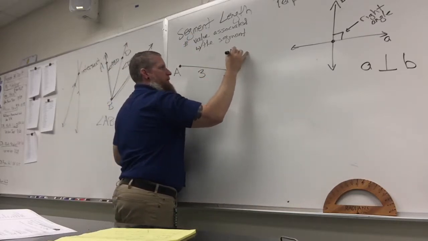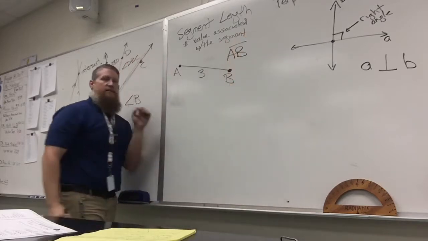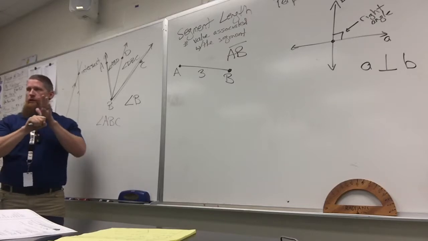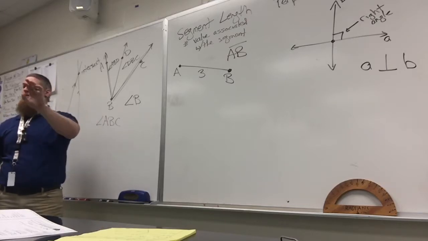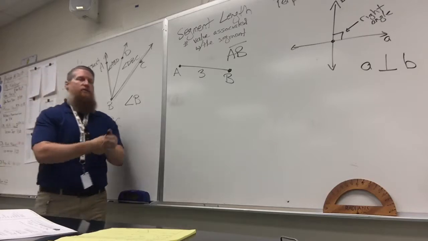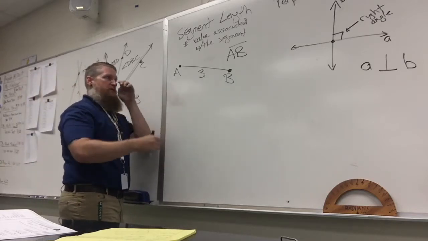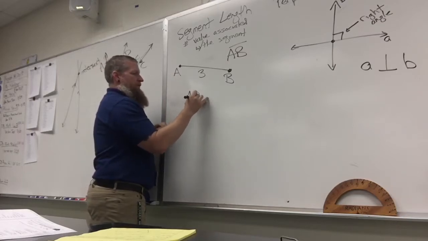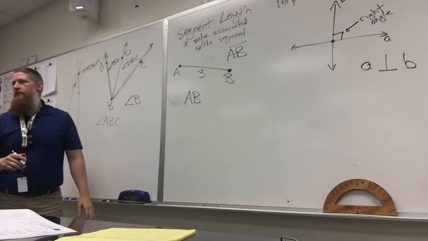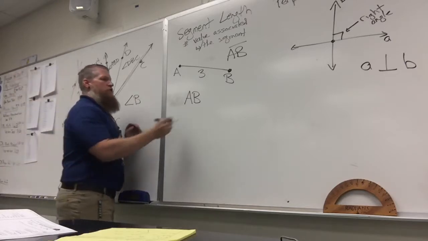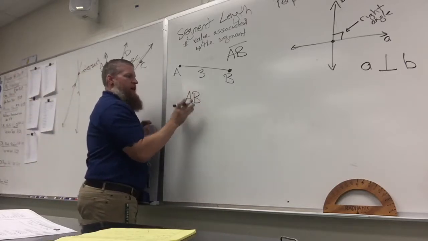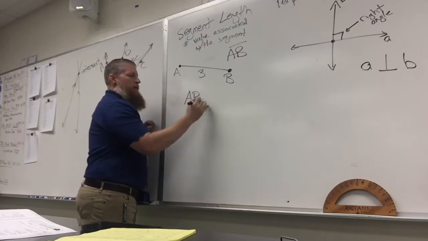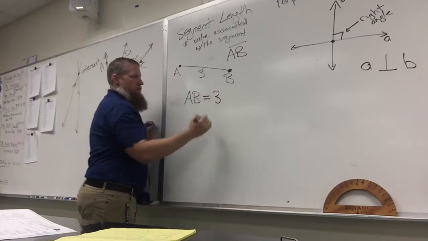When you put a number value on it and you want to tell someone you're looking at the length of that segment, or if a number or an expression represents it, the notation for it is just the two endpoints with nothing on top of it. So if you see it written this way, where there's nothing on top, they're telling you this is the length of that specific segment. If I have a 3 there, I know that equals 3.